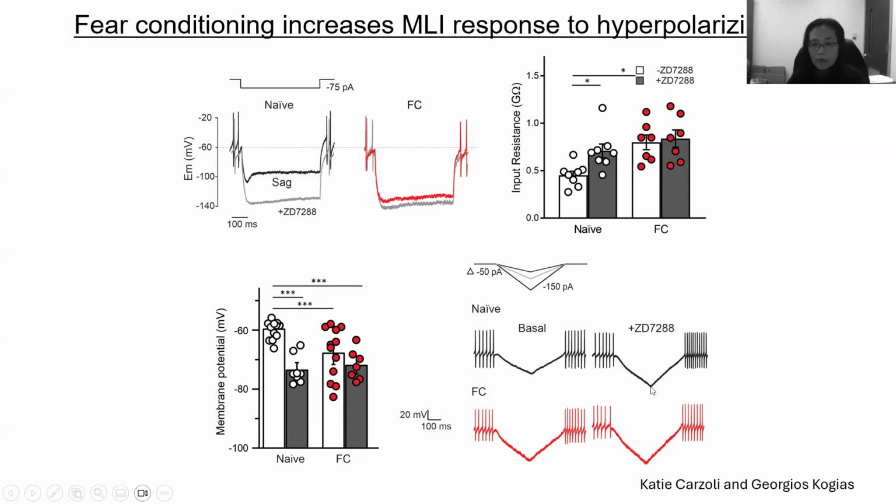It increases the hyperpolarization and it enhances the rebound activity compared with naive. So again, these results, together with the passive membrane properties, show that fear conditioning actually increases the molecular layer interneuron response to hyperpolarizing input.